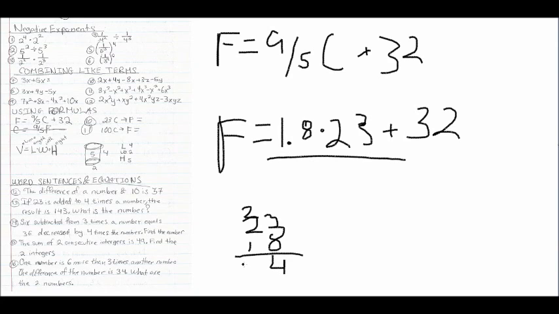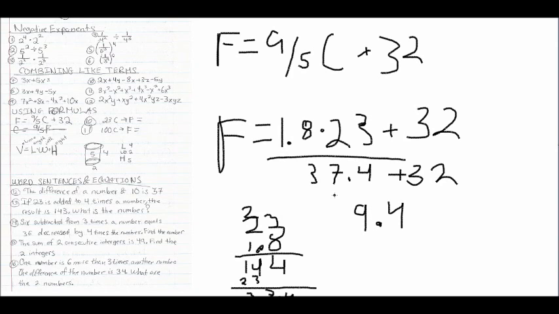You want to do the multiplication part first, which is 1.8 times 23, which is 41.4. Let's work it out: 8 times 3 is 24, 2 times 8 is 16, and we have our decimal place, which gives 41.4.